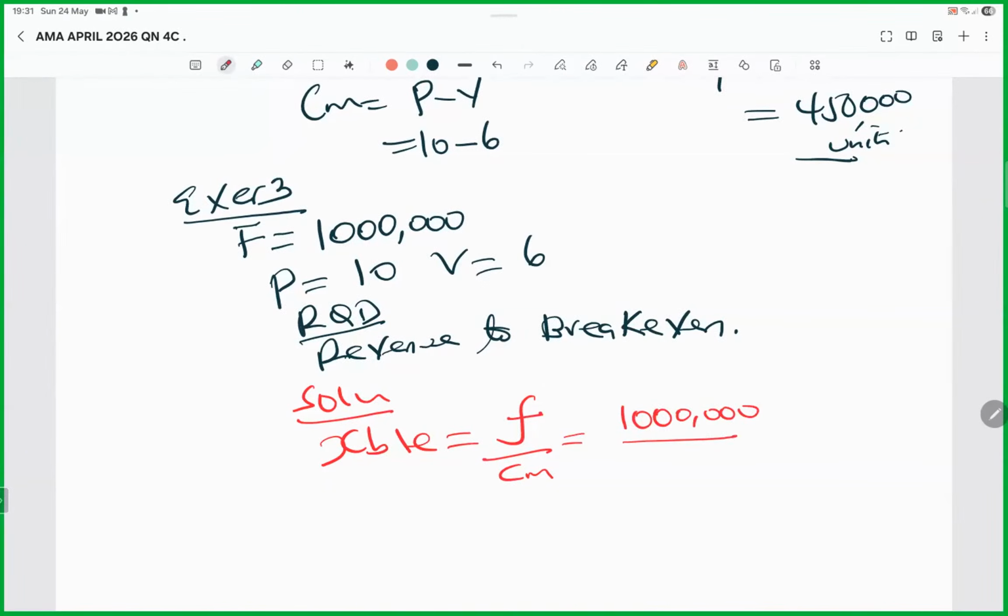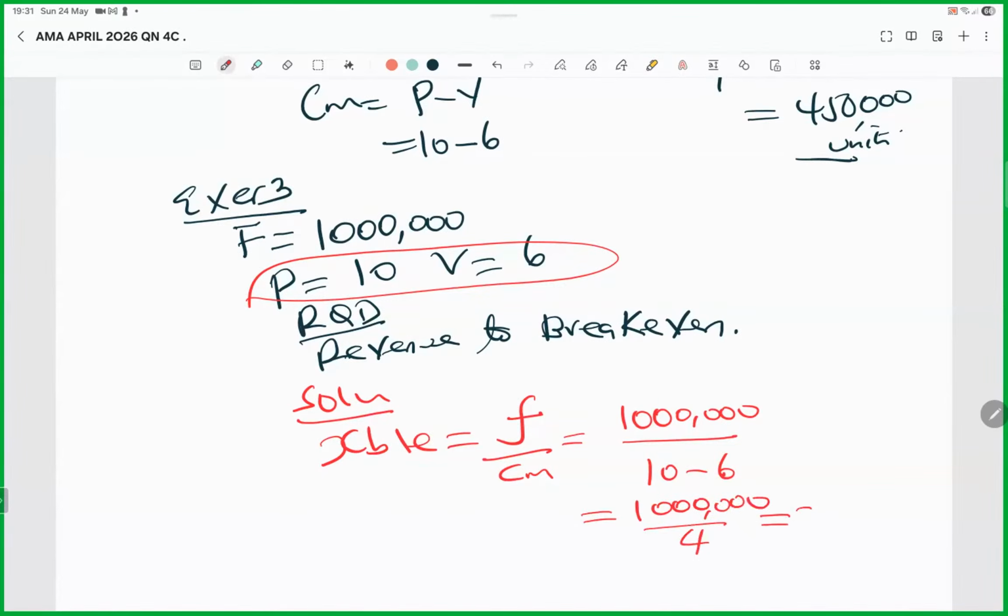The CM here is price minus variable cost, 10 minus 6, which will be 1 million divided by 4, which you guys were able to comfortably give me as 250,000. That's what you gave me earlier on, if you remember very well.